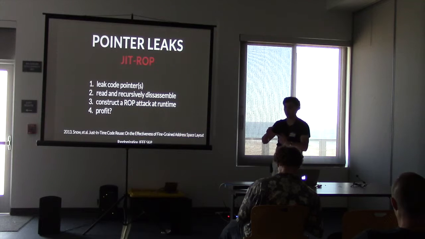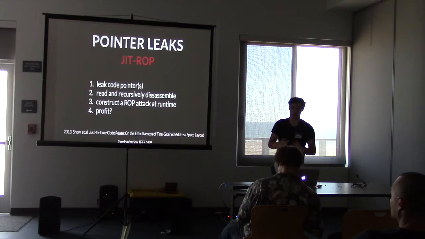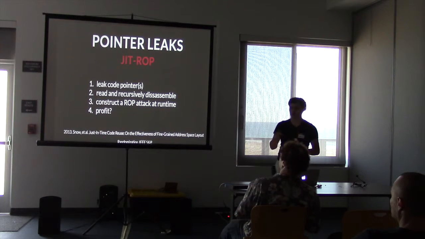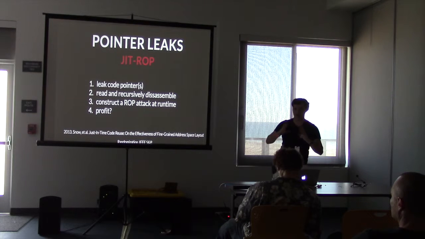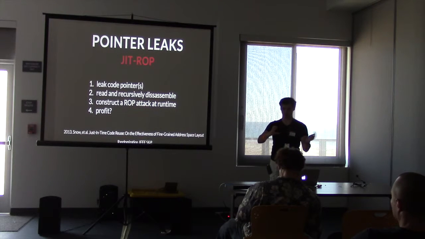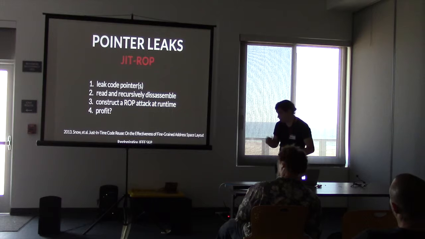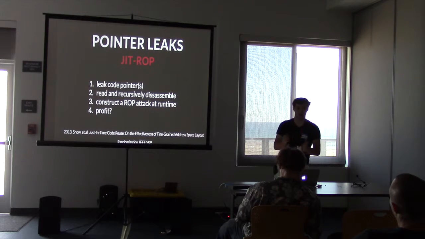So if you recall, memory protections can only be implemented in hardware at the page level. So it's safe to read an entire page of code if there's a code pointer in it.